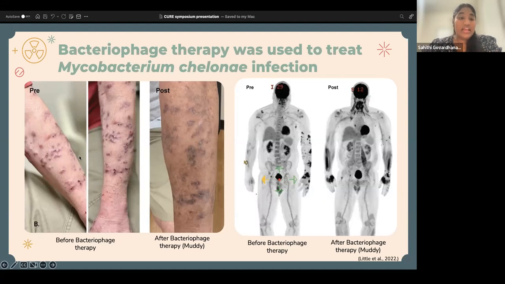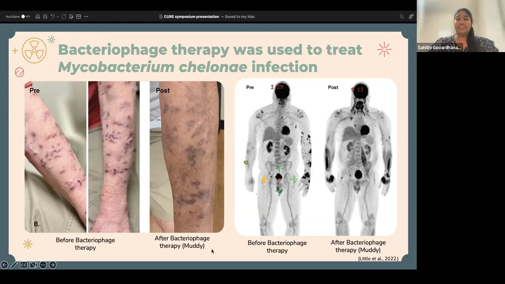Disseminated cutaneous essentially means that he has abnormal looking tissue on his skin, and Mycobacterium coloniae is a very rare and chronic infection that is seen in immunocompromised patients. The infection for this patient is localized on his left arm. The medical team administered bacteriophage therapy to this patient. The bacteriophage that they used in the therapy is Muddy.